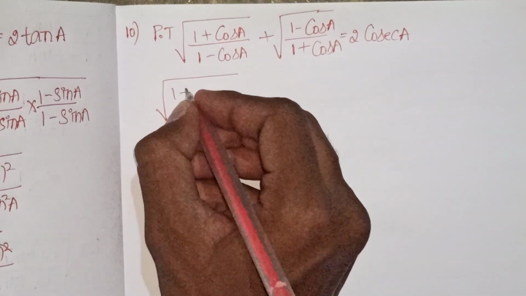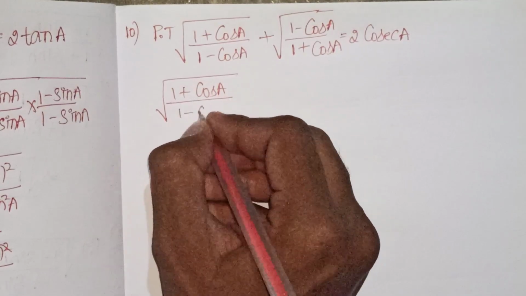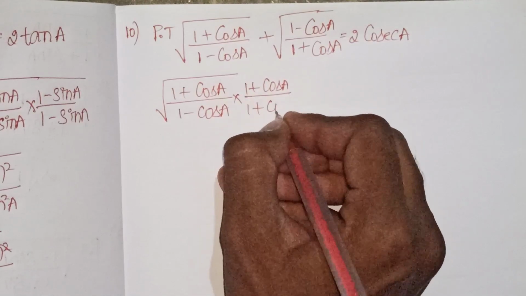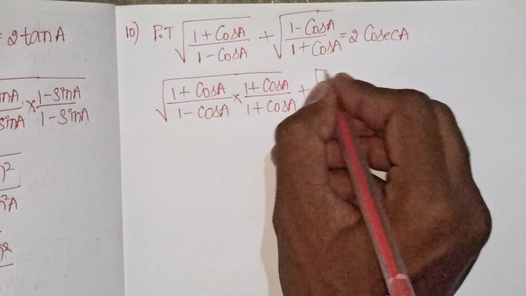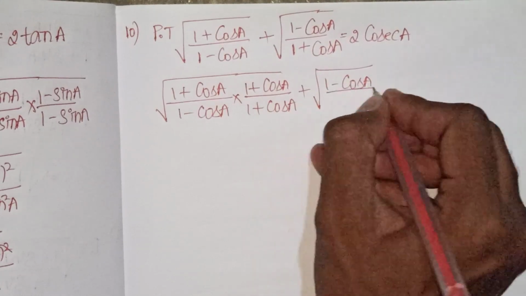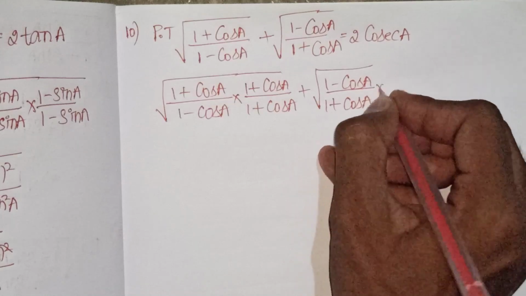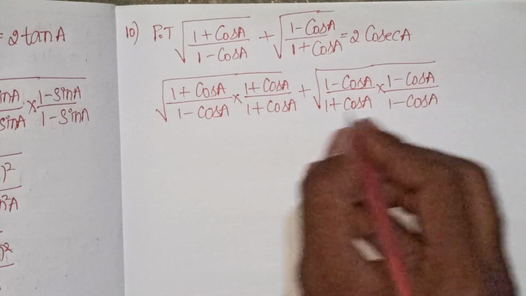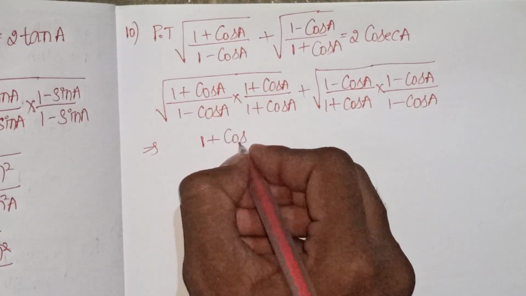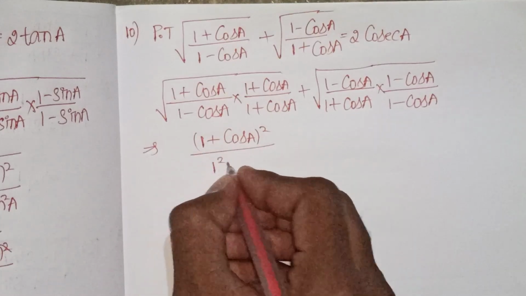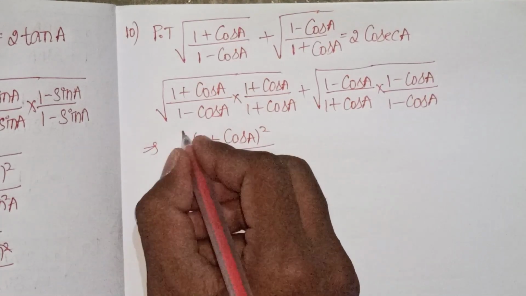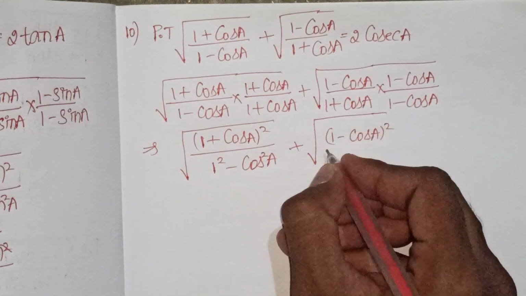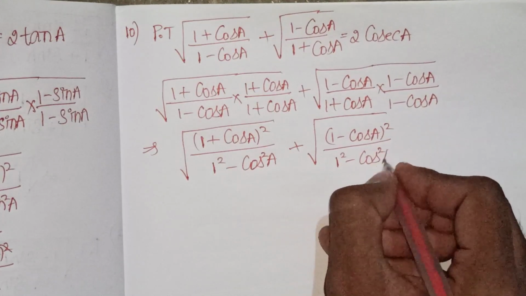That is 1 plus cos A by 1 minus cos A into 1 plus cos A by 1 plus cos A, plus 1 minus cos A by 1 plus cos A into 1 minus cos A by 1 minus cos A. It can be written as 1 plus cos A whole square divided by 1 square minus cos square A, plus under root 1 minus cos A whole square divided by 1 square minus cos square A.